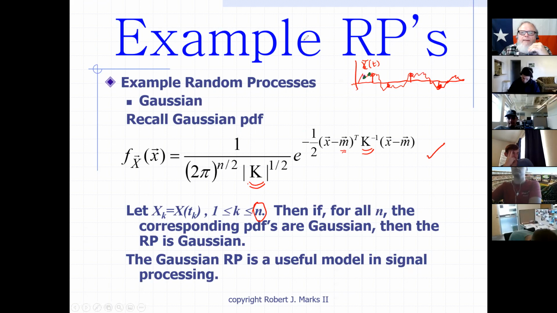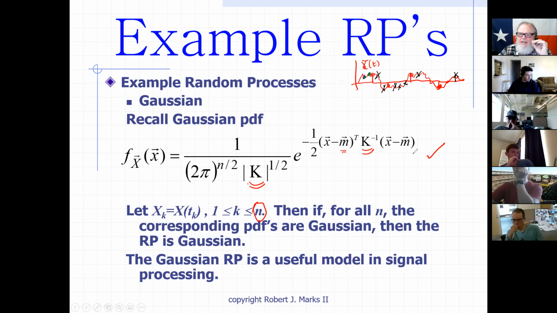If we take a point here, here, here, here, here, here, here, we would have 1, 2, 3, 4, 5, 6, 7. We would have 7 random variables if we took those 7 points. If the underlying probability density function describing this is a 7-dimensional Gaussian probability density function, then that's good.